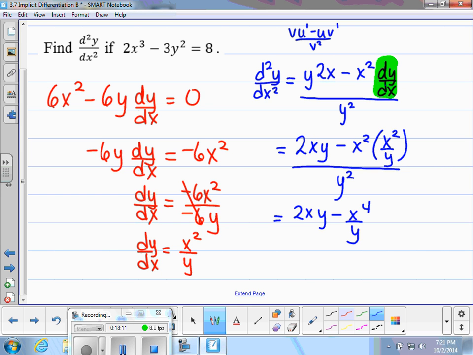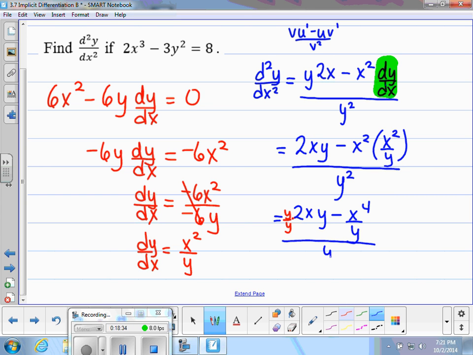This is the numerator right here, just by itself. I need the numerator to have the same denominator, right? So in order to have the same denominator, I'm going to have to multiply the first term by y over y. I'm going to go ahead and get that out of the way.